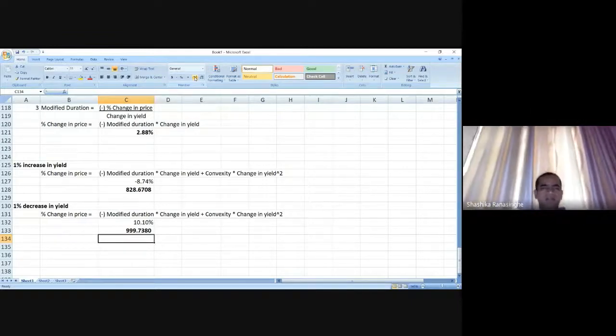So you have to account for convexity also. Substitute in the equation.